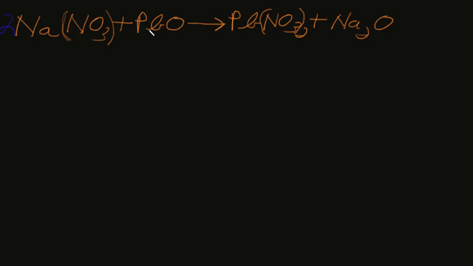I have 1 lead. Again, if there is no subscript, it's understood to be 1. So 1 lead, 1 lead, 1 oxygen, 1 oxygen. So this one's balanced. And again, the more you do these, the more you get a better feel for what's happening in these. And you're going to start seeing some things as you work through these very, very quickly.